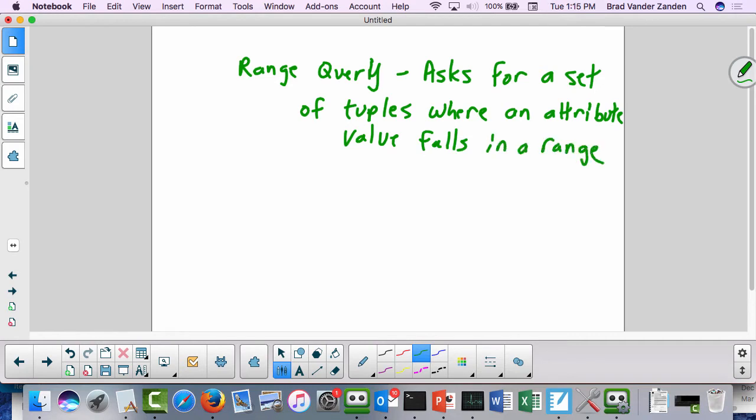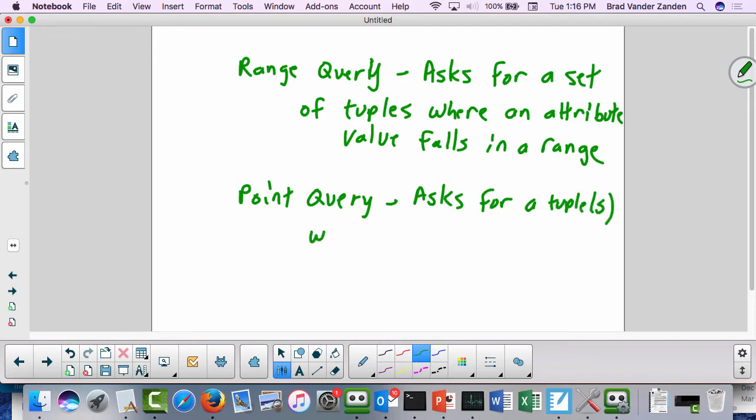Whereas with a point query, you're typically looking for a single record, so you ask for a tuple where an attribute equals a discrete value.